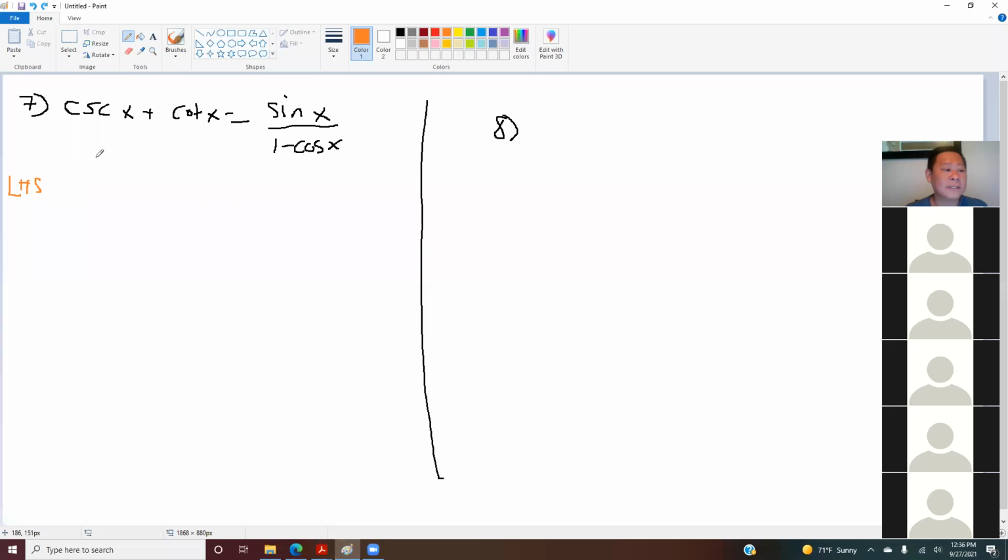All right, so those who say left hand side, what can we do with the left hand side? What kind of identity can we use on the left hand side? Reciprocal, okay, so we're going to use reciprocal on this one, which is 1 over sine, right?